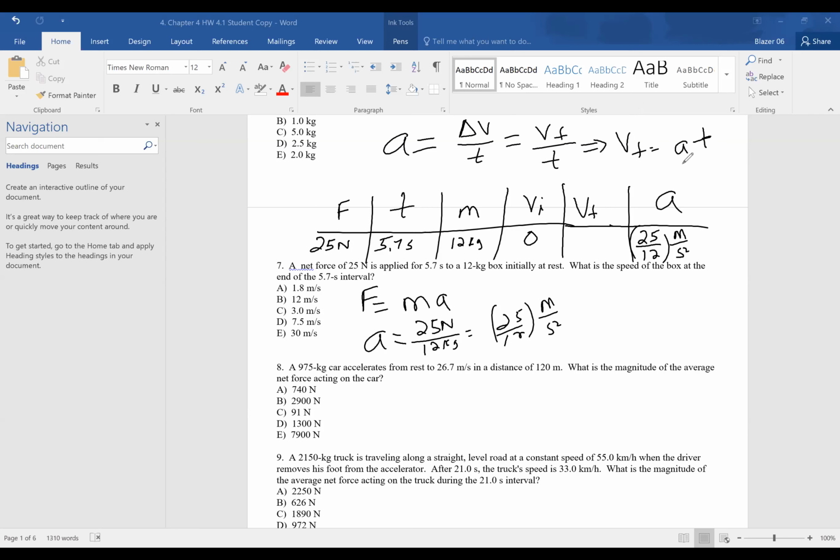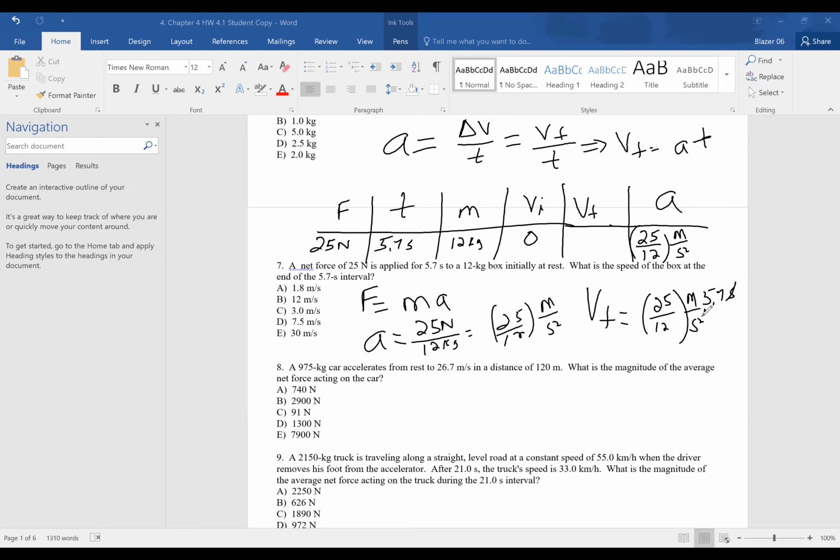That object accelerates, and we have the time that it accelerates to give me the final speed. So now I can solve for V final. V final is the acceleration, which is 25 over 12 meters per second squared, times my time, which is 5.7 seconds.